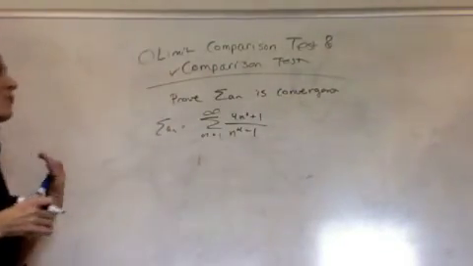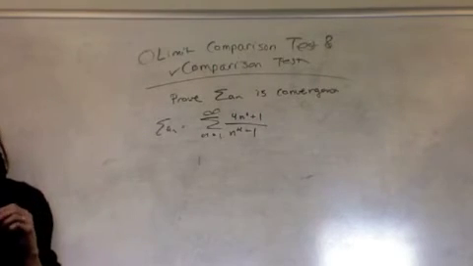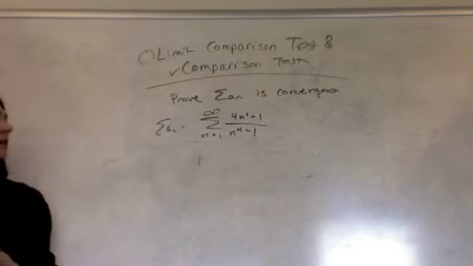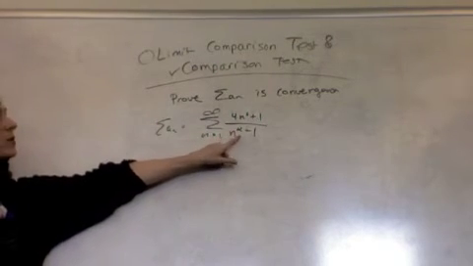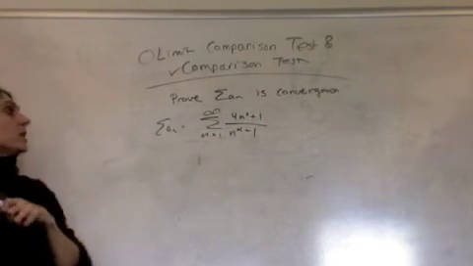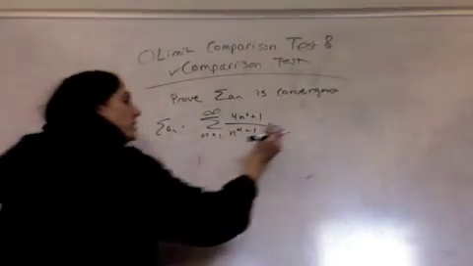I promise you guys it's way easier to use than it is to really get what's going on. I think this will clarify stuff. So we're going to go back to this example, (4n squared plus 1) over (n to the 4th plus 1). We said this converges.